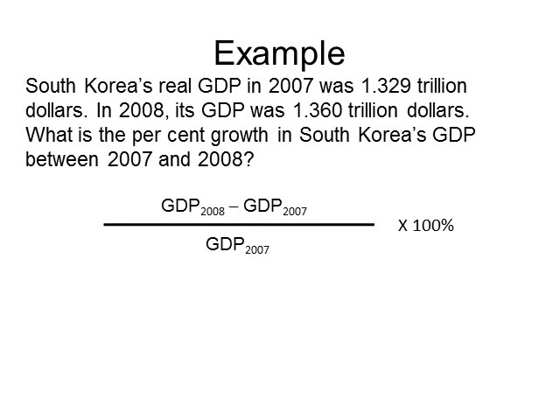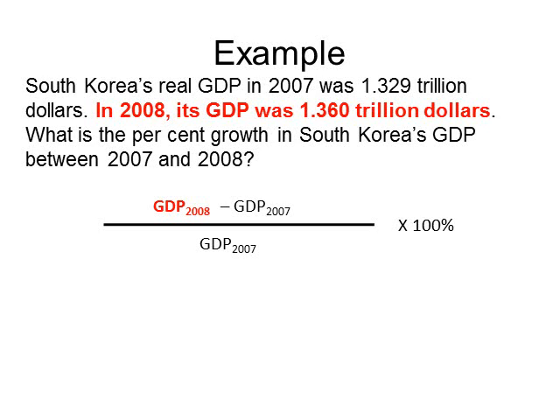What we're going to do next is substitute in for our starting and ending GDP the 2 years. So for example, in this particular formula, we have substituted in for ending GDP 2008, and for the starting GDP 2007. Our next step is to look back at the problem itself and find what the GDP was in 2008.